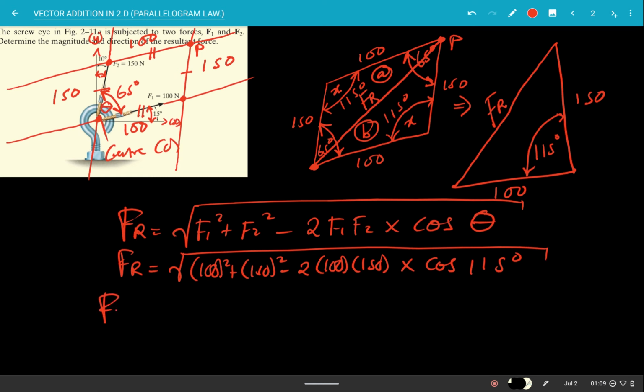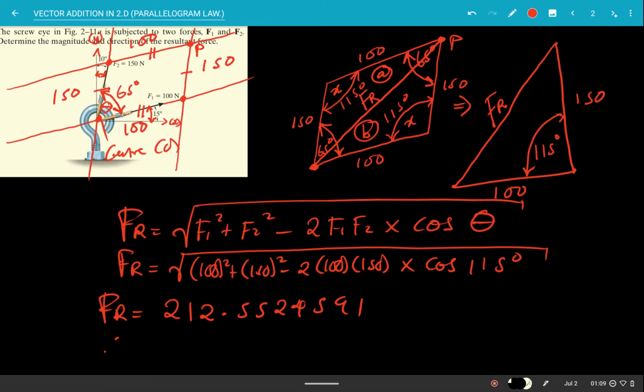So if I punch this on my calculator, I will get 212.5524591. All my answers will be rounded off to 2 decimal places, but that doesn't necessarily mean that all your answers should be in 2 decimal places. You have to follow the instructions given. For me, I'll just be rounding off to 2 decimal places.